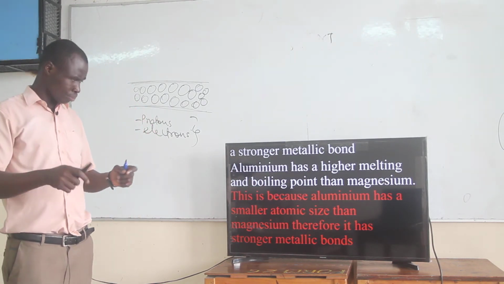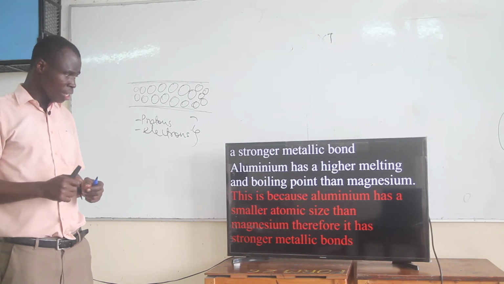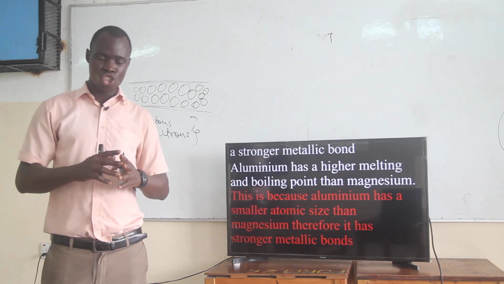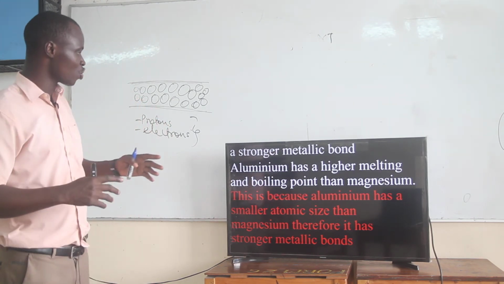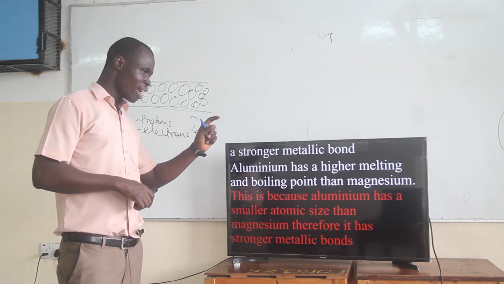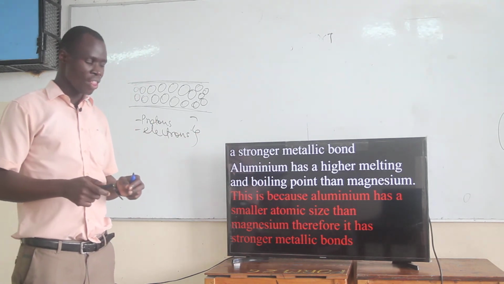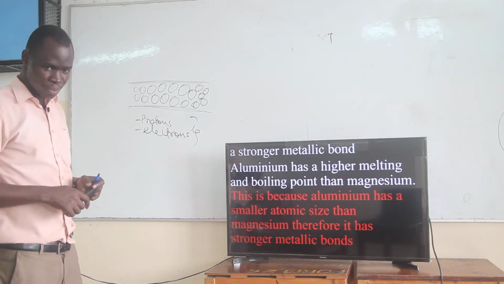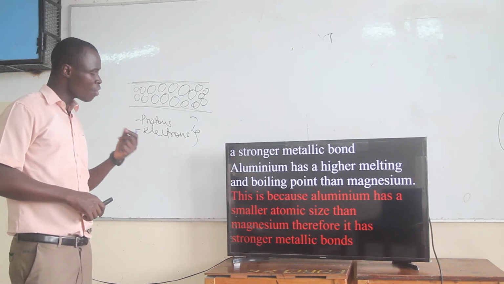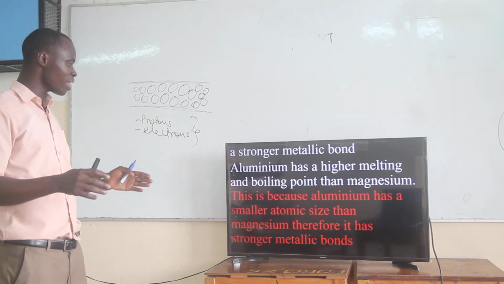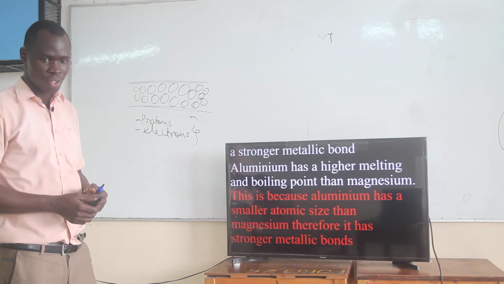So that means aluminium, having 3 electrons in the outermost energy level, has what we call a stronger nuclear attraction between the 3 electrons in the outermost energy level and the positive centre compared to magnesium. Therefore, aluminium will have a higher boiling and melting point. This means it has a stronger metallic bond.